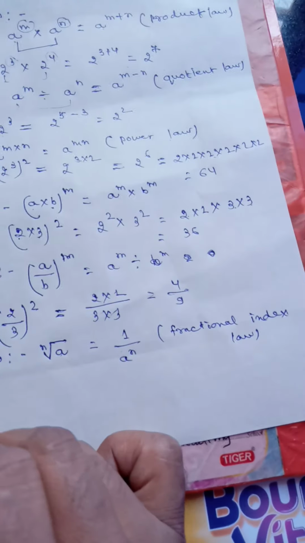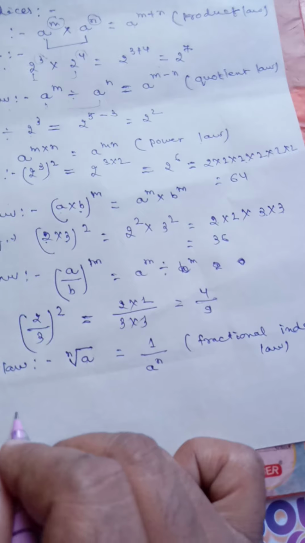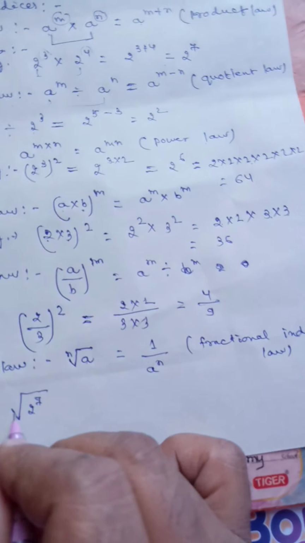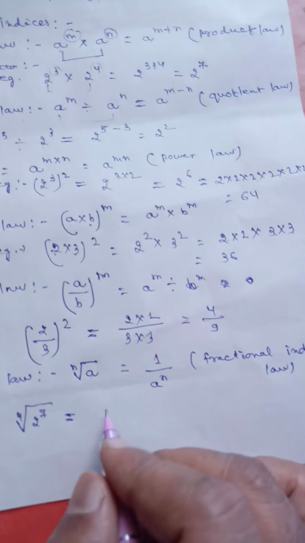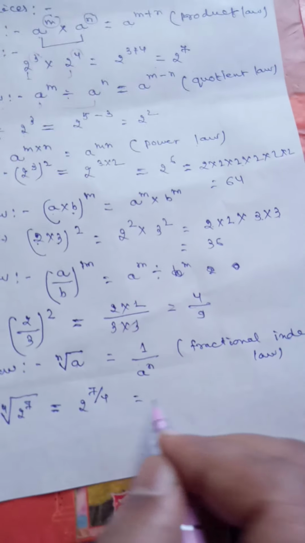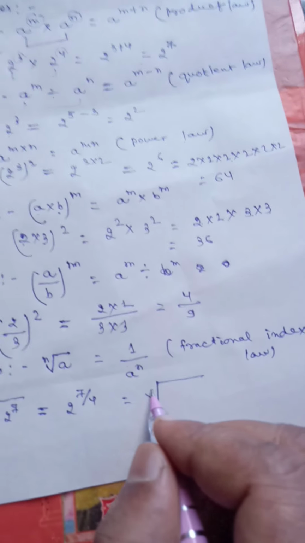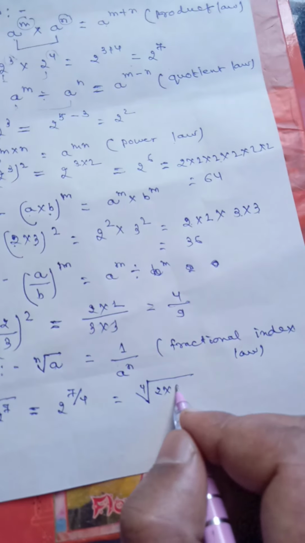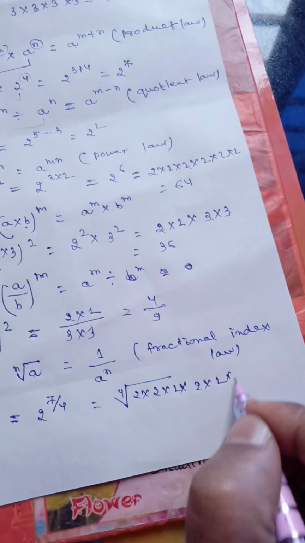For example, under root 2 raised to power 7 raised to power 4 should be written as 2 raised to power 7 upon 4, which is equal to 2 written 7 times: 2 into 2 into 2 into 2 into 2 into 2.